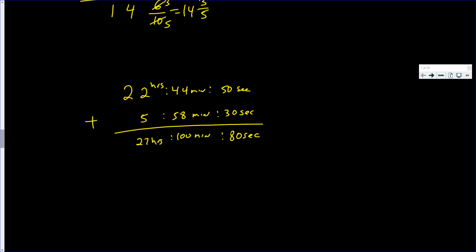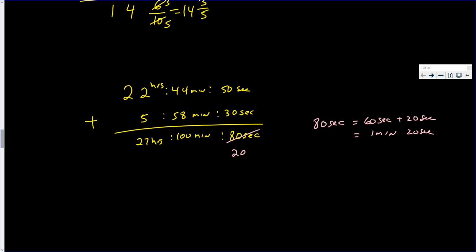Okay. And that's correct, but we're not done yet. This is more than 60 seconds. 80 seconds is 60 seconds plus 20 seconds. That is, it's 1 minute, 20 seconds.